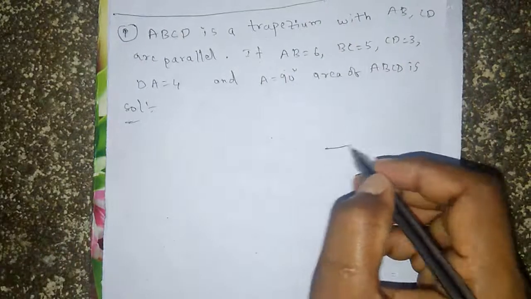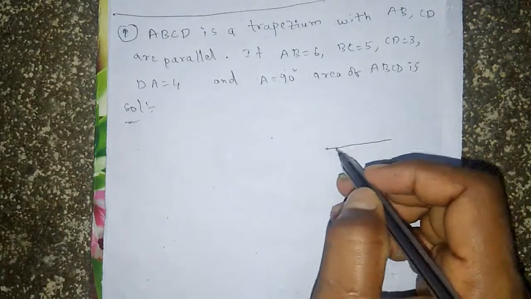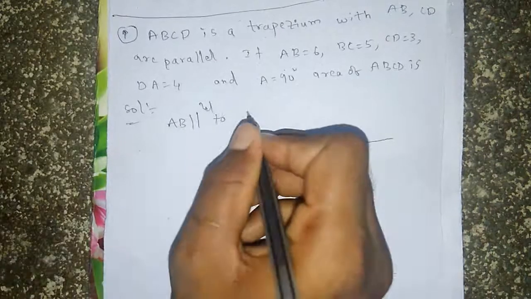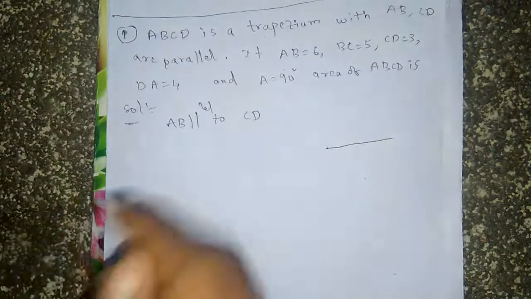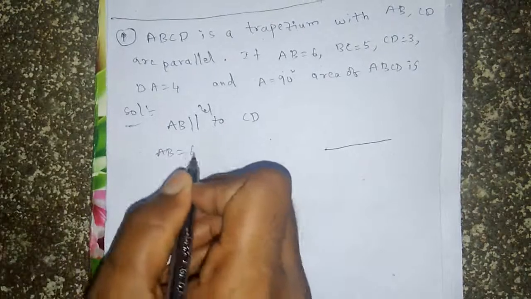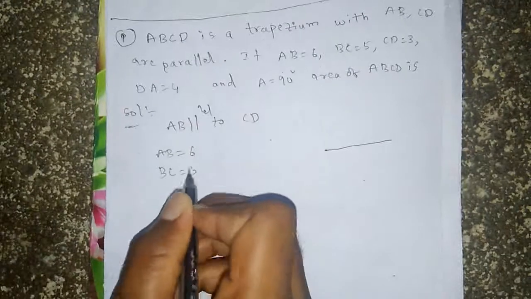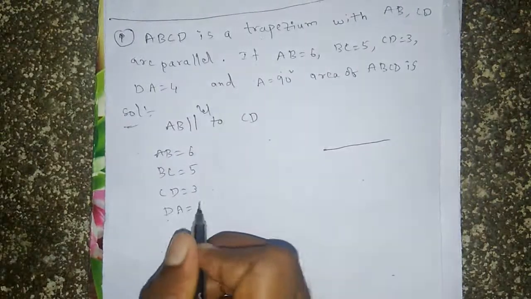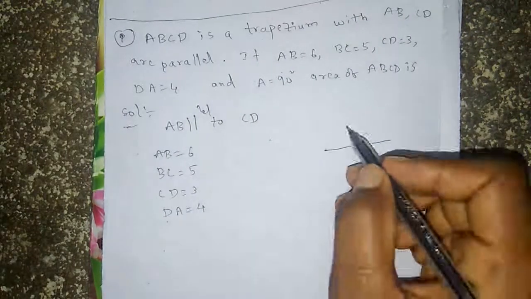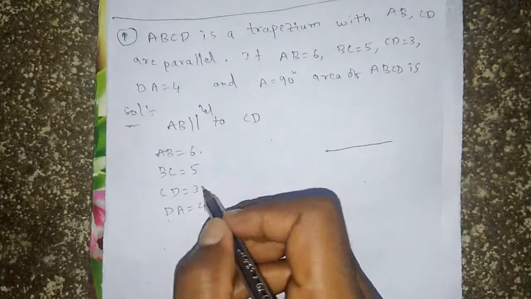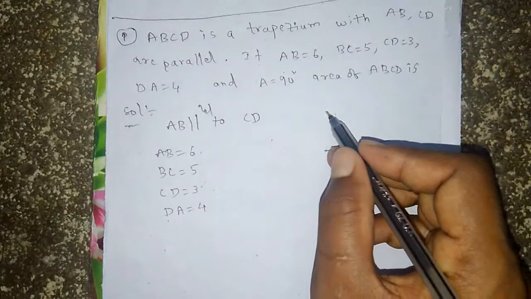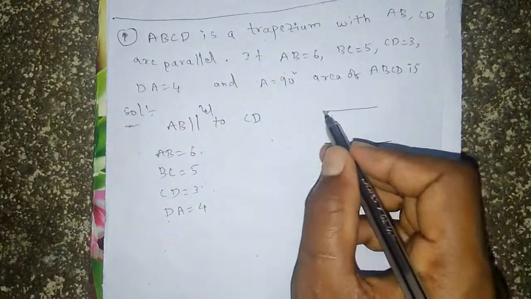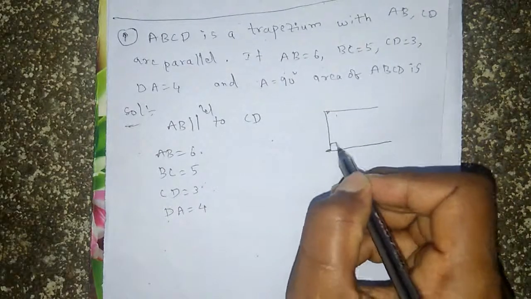Here ABCD is a trapezium. Given that AB is parallel to CD, AB is equal to 6, BC is equal to 5, CD is equal to 3, DA is equal to 4. AB is parallel to CD, CD is smaller if you observe, so CD is like this, and A is 90 degrees, so it should be like this.